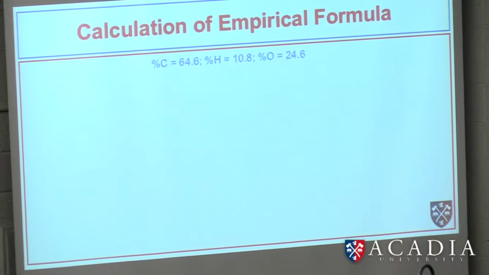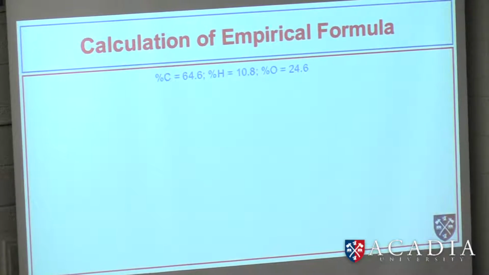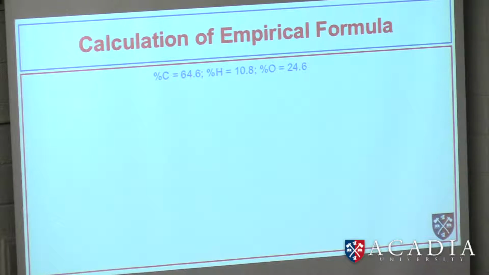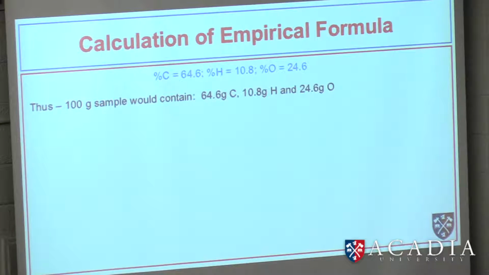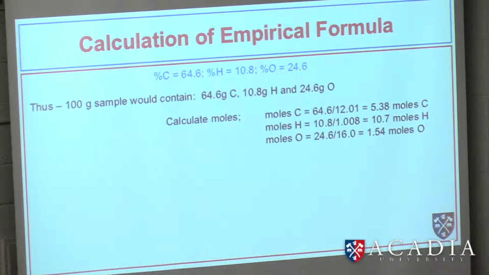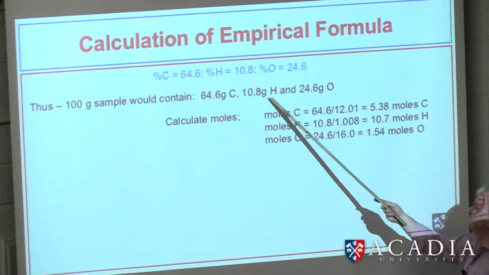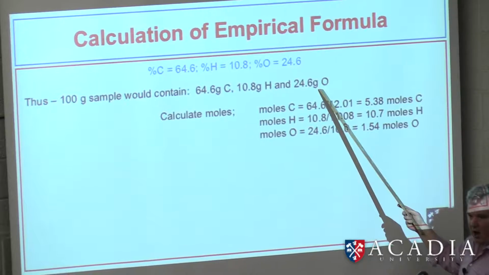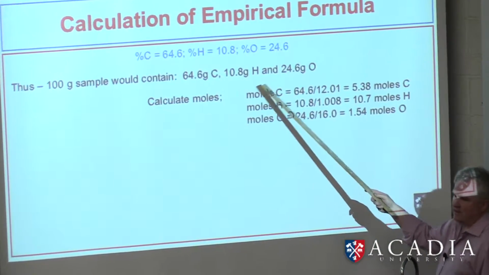Most of you could. The easiest way to do this is to say, let's just assume I have 100 grams of material. If I had 100 grams of material, it would contain 64 grams of carbon, 10.8 grams of hydrogen, and 24.6 grams of oxygen. We will then convert that to moles.